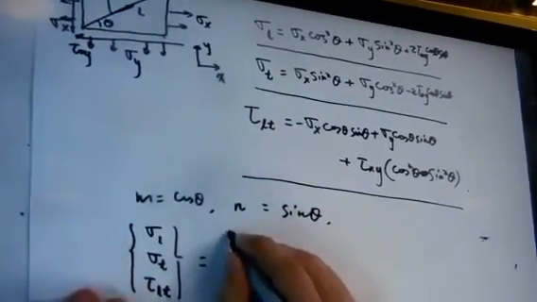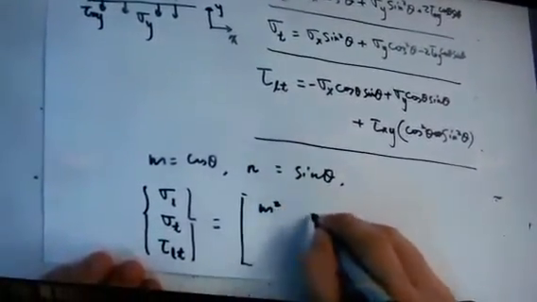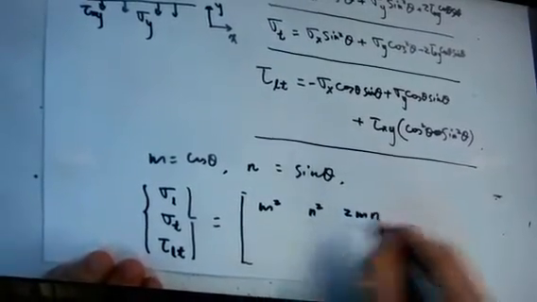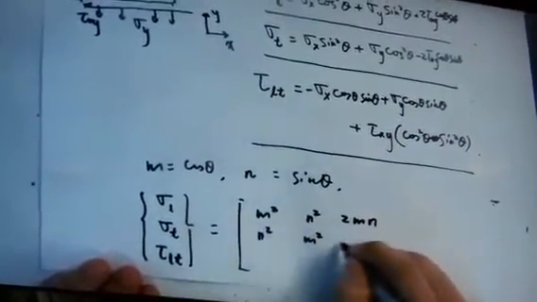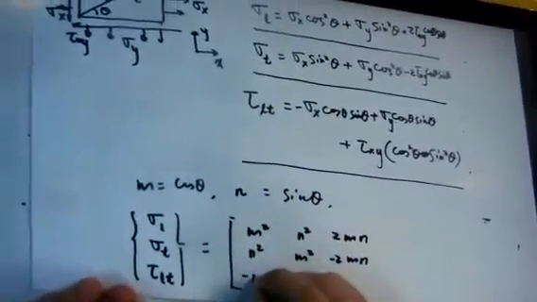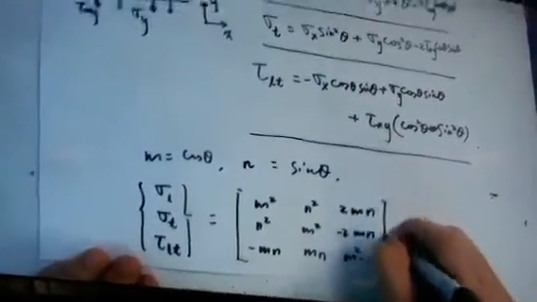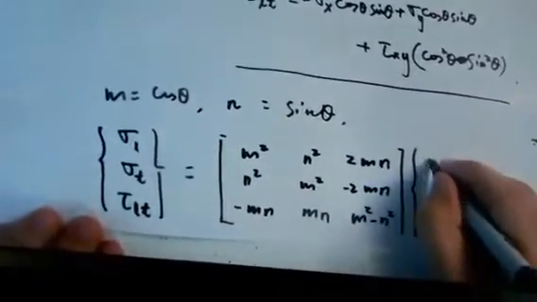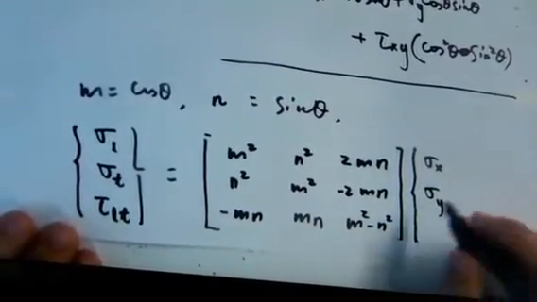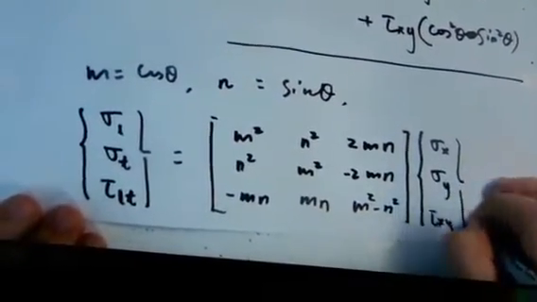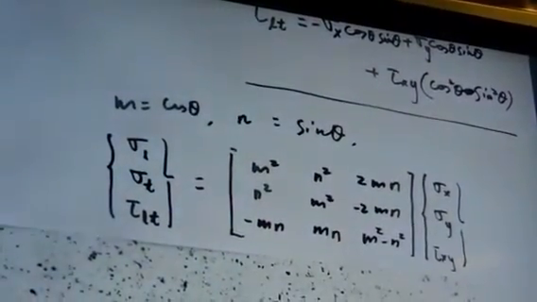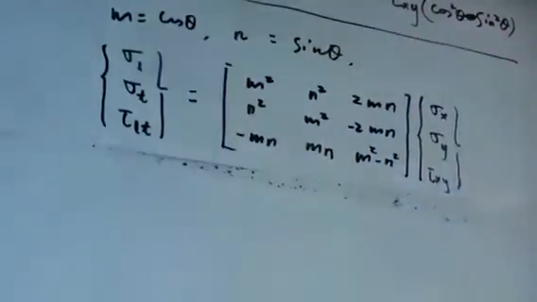So you will have a 3 by 3 matrix. You will need this equation in homework 4. Because some students still remember this, that is why they can finish homework 4. This is a stress transformation to relate the stress components in xy coordinate and the LT coordinate.